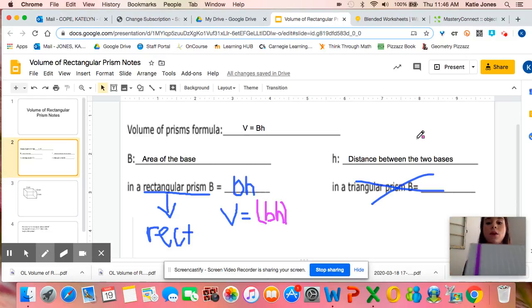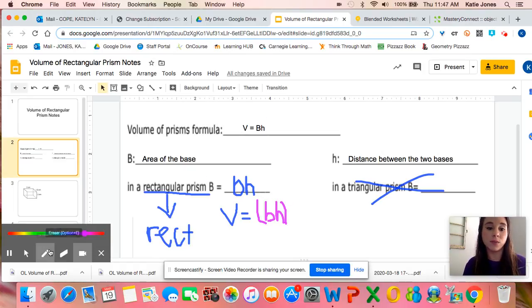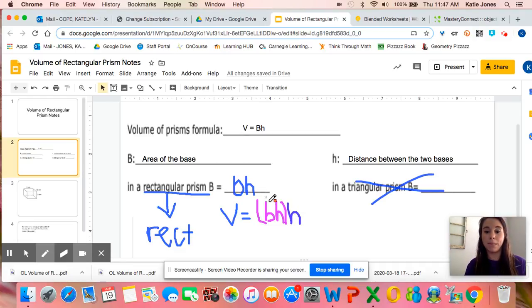Sorry about my videoing skills. Okay, so then we're going to multiply the area of our base times the distance between the two bases. So you could substitute that big B with that BH. And now we're going to practice using these skills.